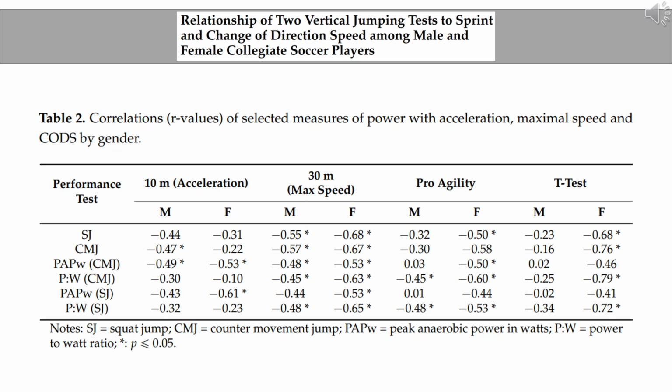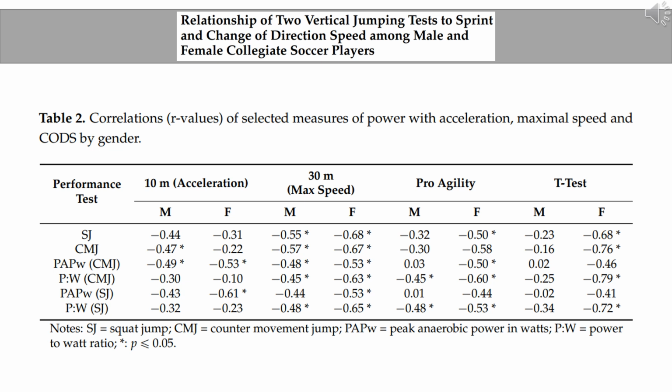So the first thing to say is that when we look at the relationships between squat jump or counter movement jump and acceleration, we seem to have moderate relationships ranging from -0.7 to -0.61. Again, remember these are negative correlations. The higher someone jumps or the more power they produce, the faster they are, because for all of these tests, the outcome measure was time to completion.